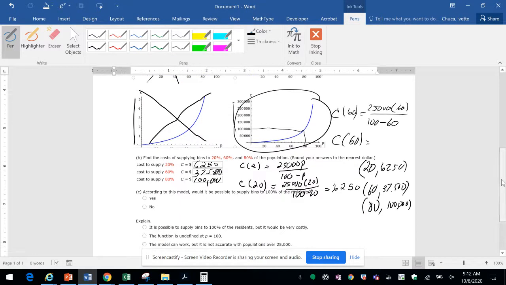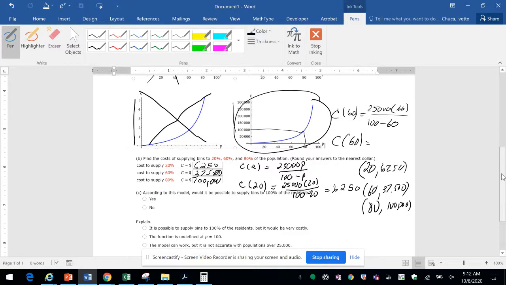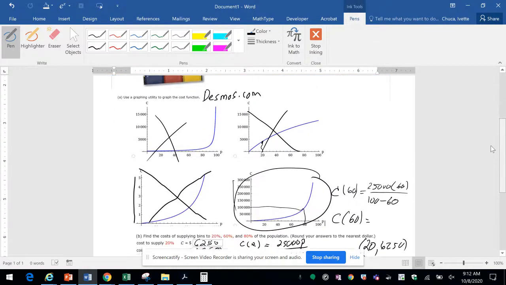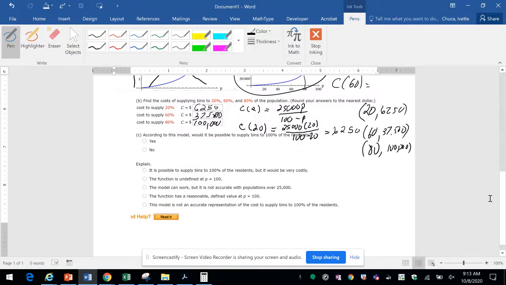So now for C, it says, according to this model, would it be possible to supply bins to 100% of the residents? Okay, so if we supply to 100% of the people, then you're going to have c of 100 is equal to 25,000 times 100 over 100 minus 100.